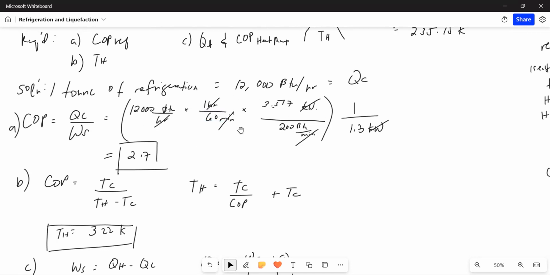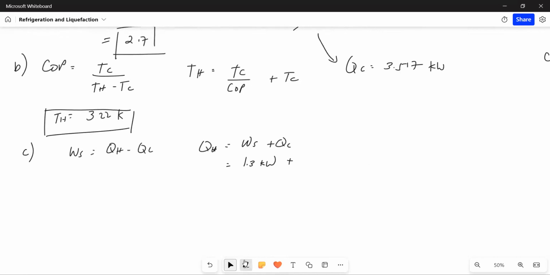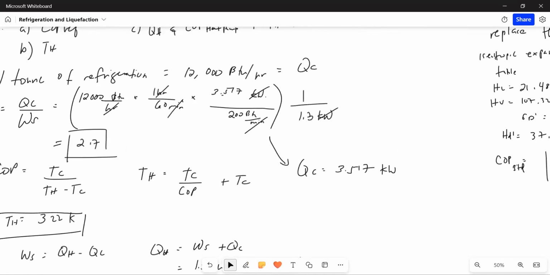If we solve this on its own, without dividing by work shaft, QC is equal to 3.517 kilowatt. Let me double check using a calculator.